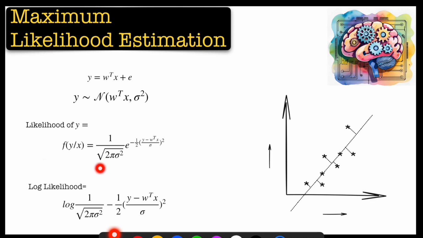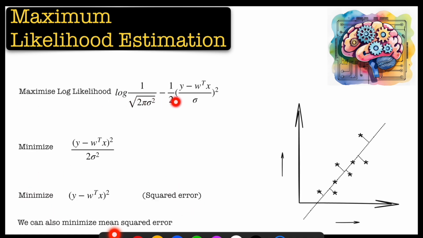If we take the log likelihood for ease of computation, the log of this term will be log of this plus log of this. Log of this is minus half this term. So this is the log likelihood, and we can maximize this as well. You see, our variable is w here, and in this part we just have a constant.